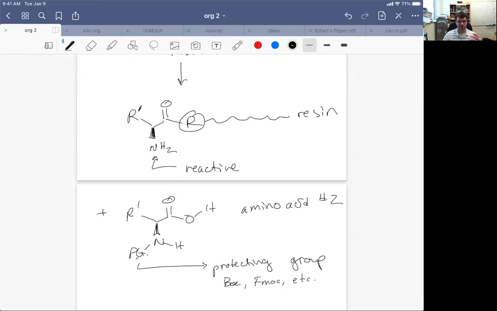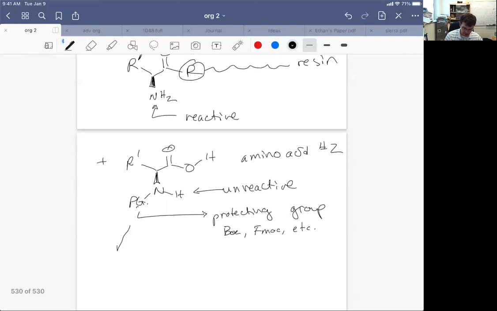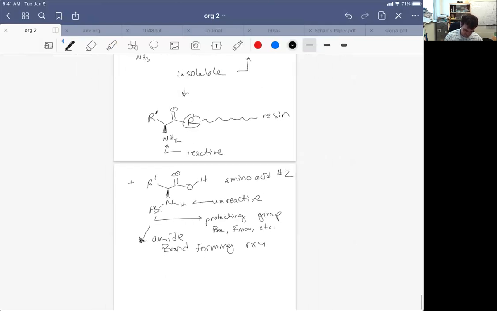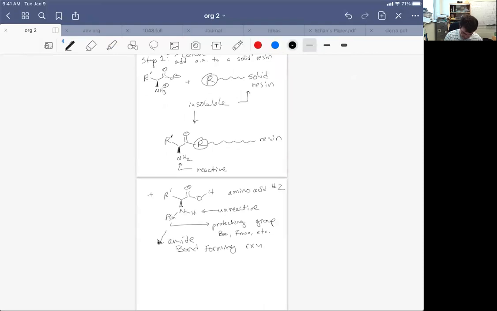Just mentioning these in case you want to refer to these notes later on. We have had many alum practice this technique, and a lot of this stuff is still useful. Okay, so anyway, this is protected, and what that means is that this nitrogen is unreactive. And so what we can do is we can expose these two to an amide bond forming reaction.